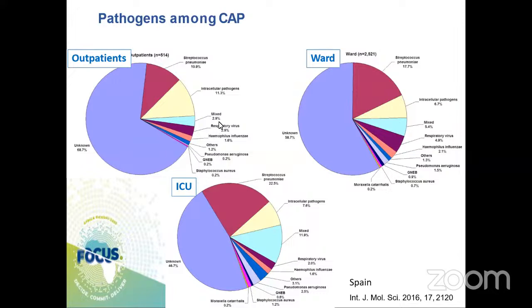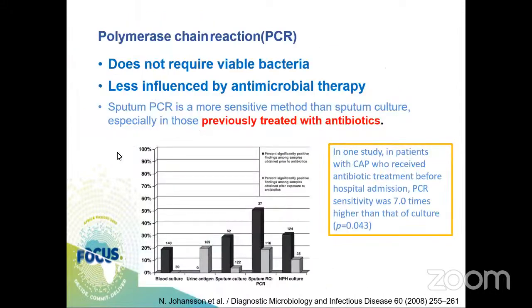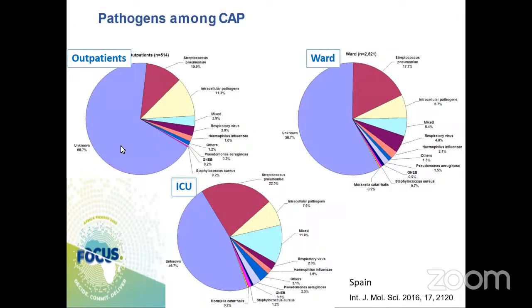Here you can see some mixed growth, intracellular pathogens, streptococcus, and such. But the bigger percentage is unknown in either of the aspects. So that tells us there's something we are probably missing, or maybe we're not doing it the right way.